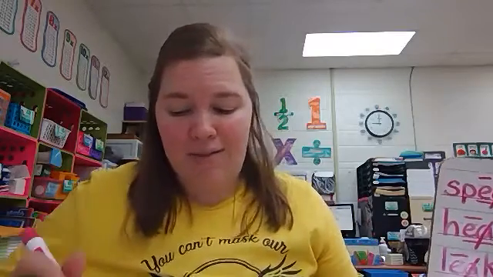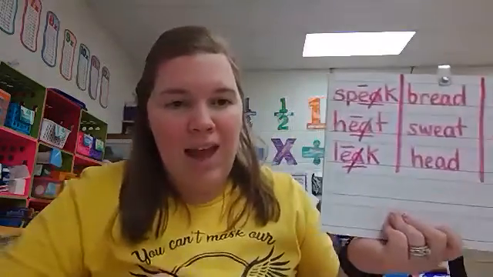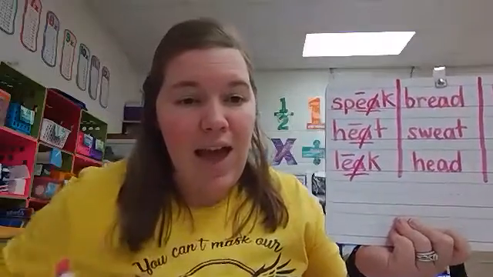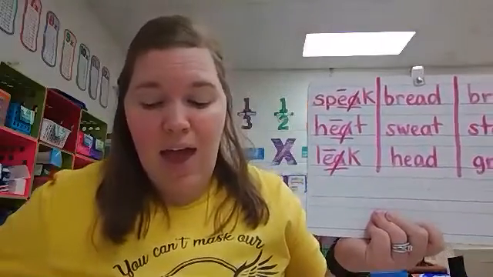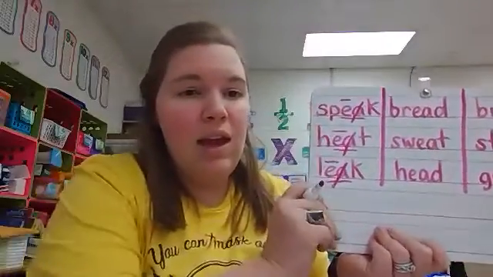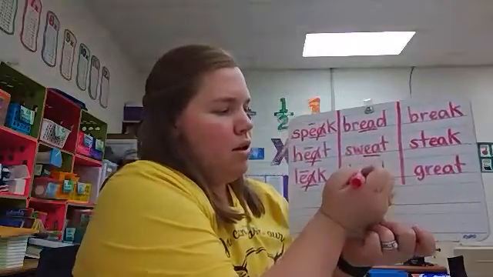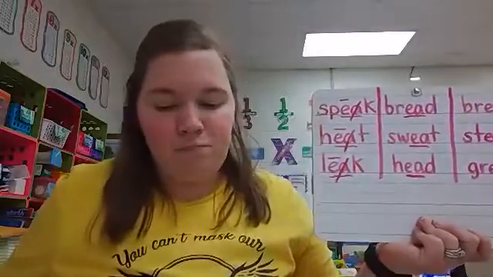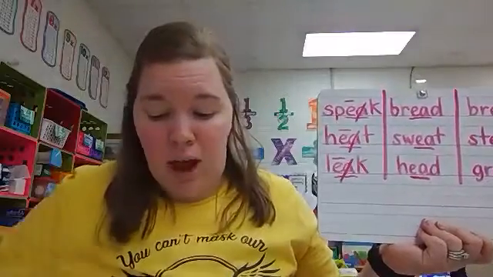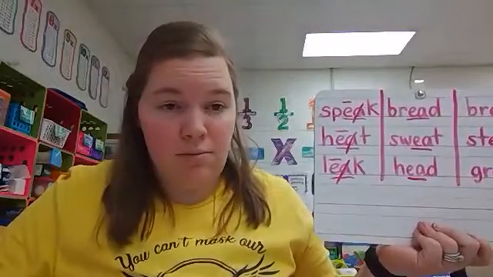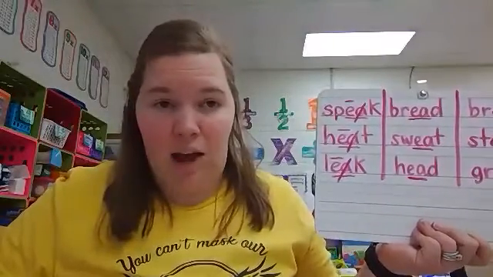We hear eh this time. So again, EA is making the eh sound. It is a vowel digraph still, so we're going to underline the digraph. But this time we're not going to put a macron because we don't have the E sound.